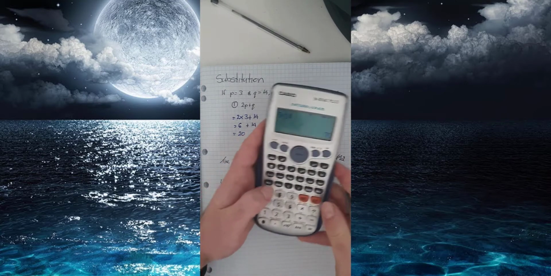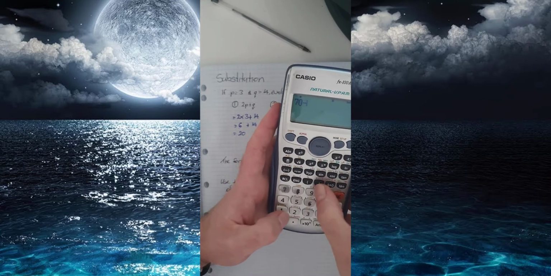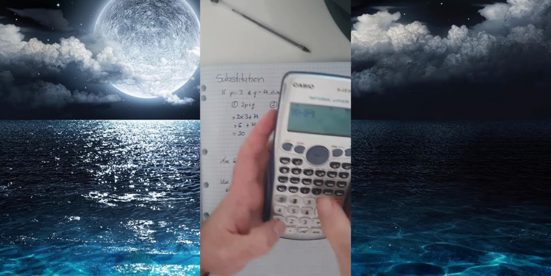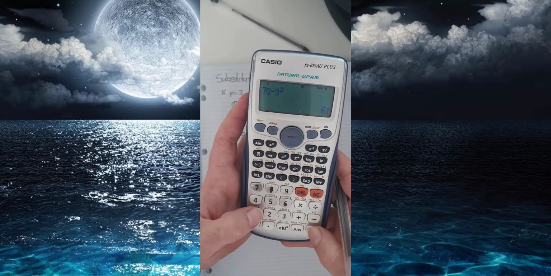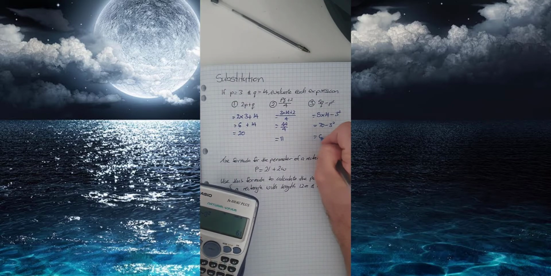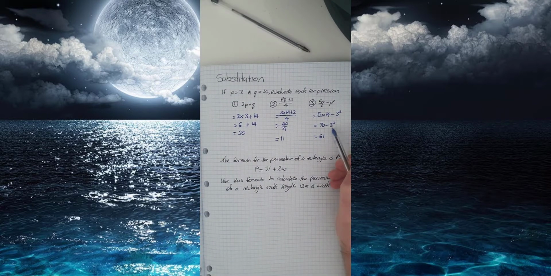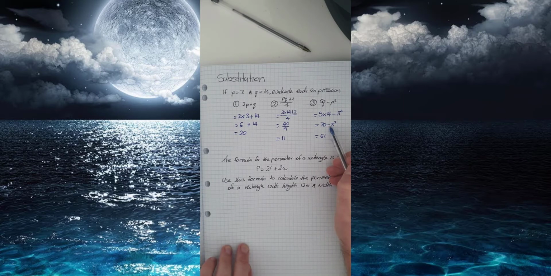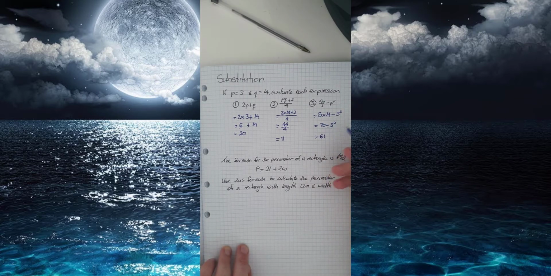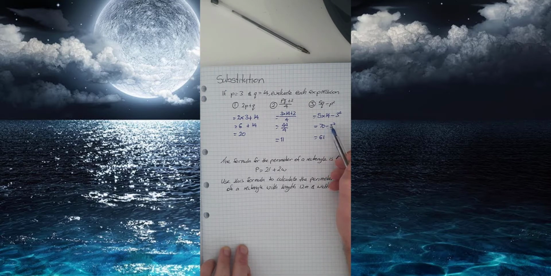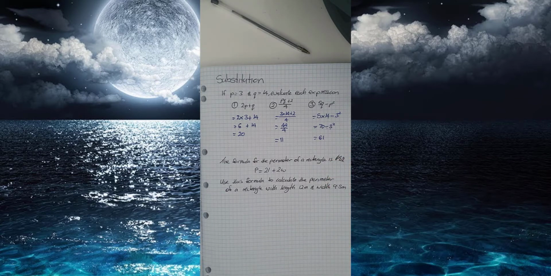Now you can just put this into your calculator as such. 61. Just make sure that you understand that this minus 3 to the power of 2 actually means 70 minus 9. So 70 minus 9, so 3 times 3 is 9, equals 61.